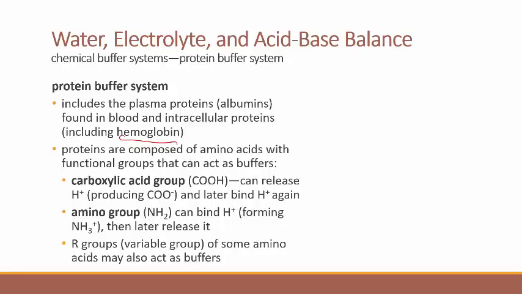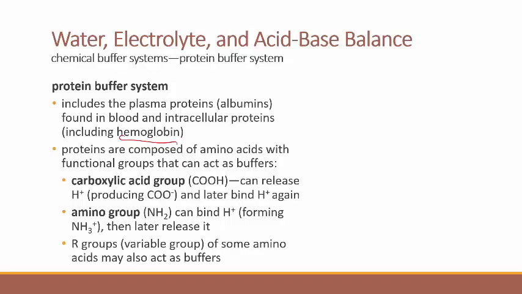So there's lots of hydrogen ions that are produced in that process. So the protein buffer system is very important, and proteins are built of amino acids, and amino acids have functional groups on them that can act as buffers.